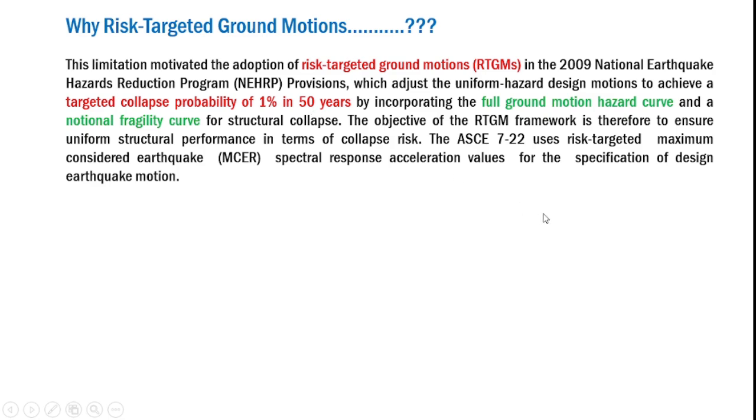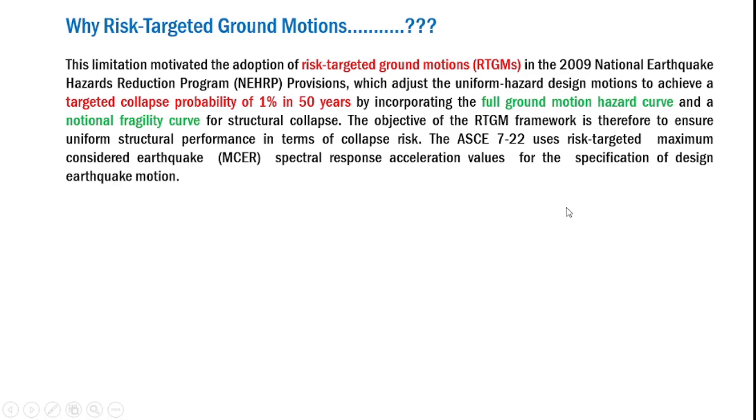So the objective of the RTGM framework is to ensure a uniform structural performance in terms of collapse risk, and obviously, we know that this was not achieved in the case of a uniform hazard approach. This means that ASCE 7-22 has now shifted from the much older uniform hazard approach to a uniform risk level.